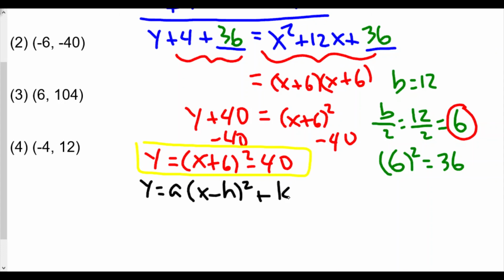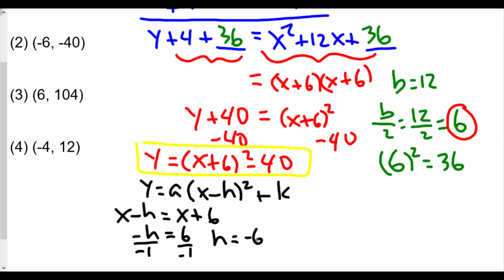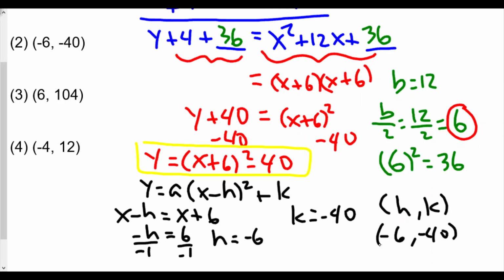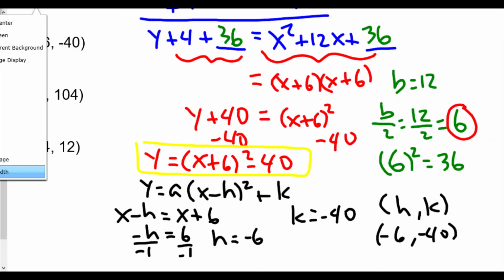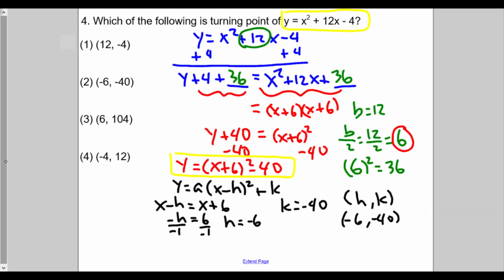And we see here, we're going to just match up x minus h equals x plus 6, which means negative h equals positive 6, or divide both sides by negative 1. h equals negative 6. We match up k equal to negative 40. So our vertex or turning point will be h, k, which is negative 6 comma negative 40. That's our vertex. Therefore, the answer for this one will be choice 2.